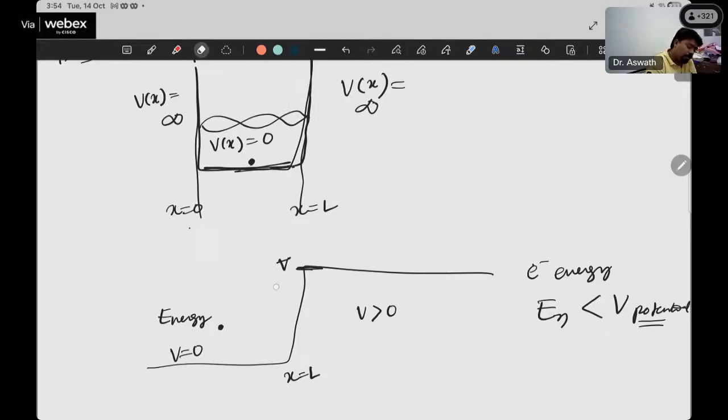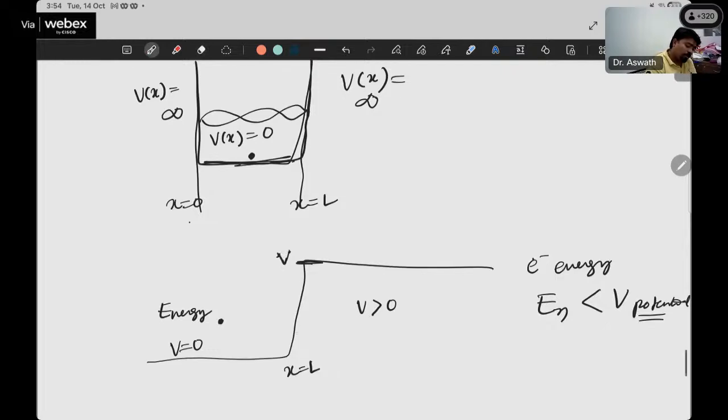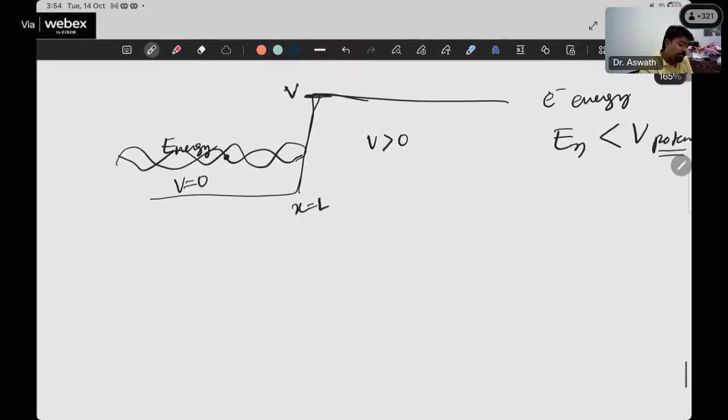So we think this electron can never cross over to the hill part, the step part. Even though the electron has a wave nature, it hits and comes back and creates a standing wave pattern. That was the understanding.